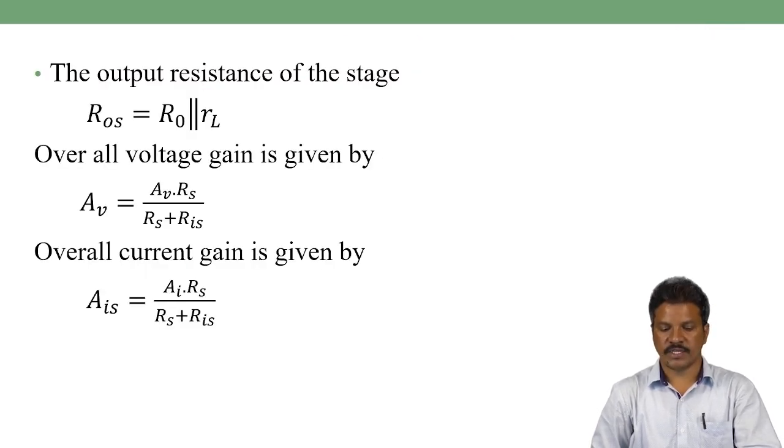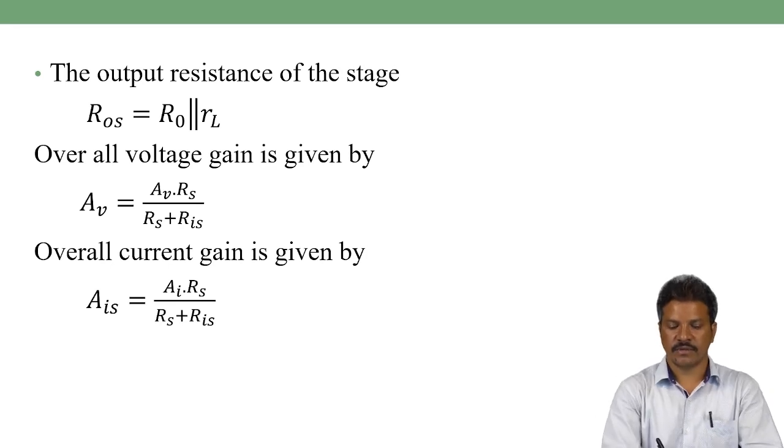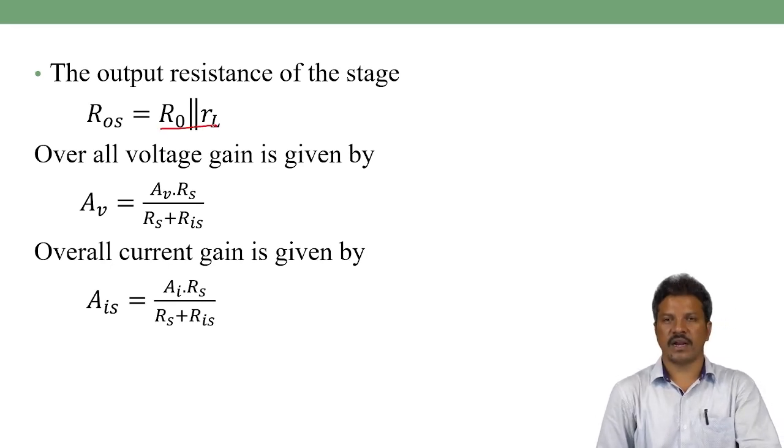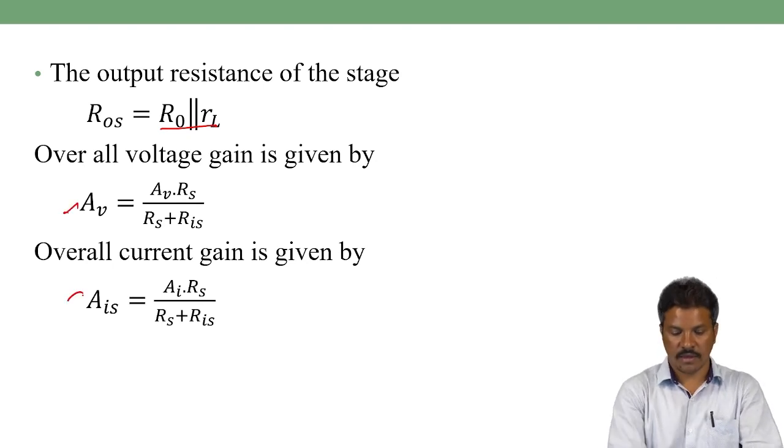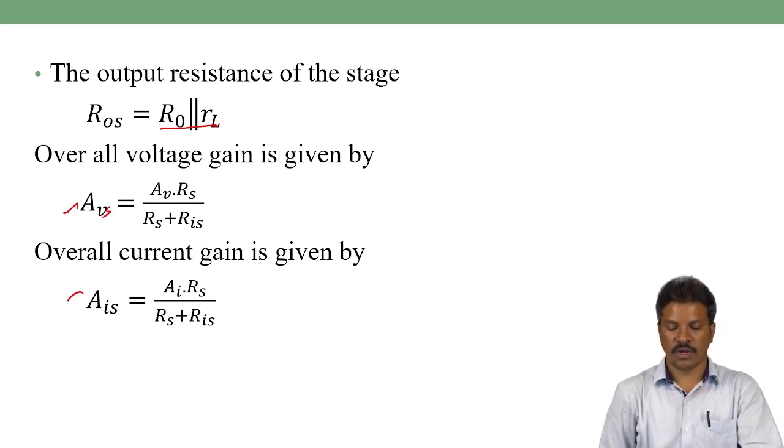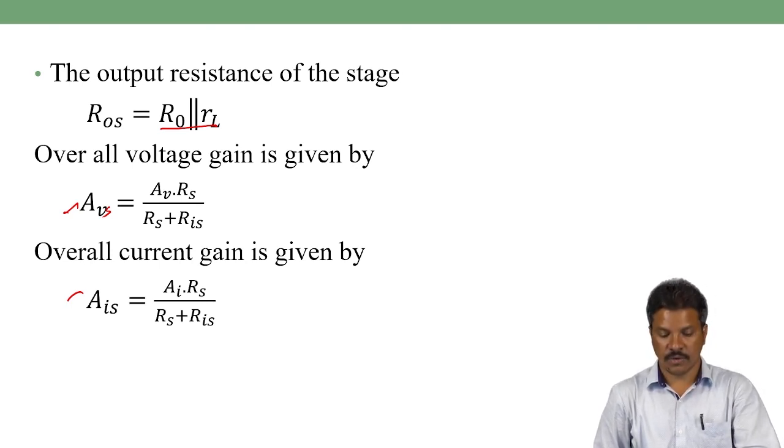Now this is the output resistance of the stage. So ROS is equal to R0 parallel with RL, and AVS, the total stage voltage gain, and the total overall current gain for the overall stage.